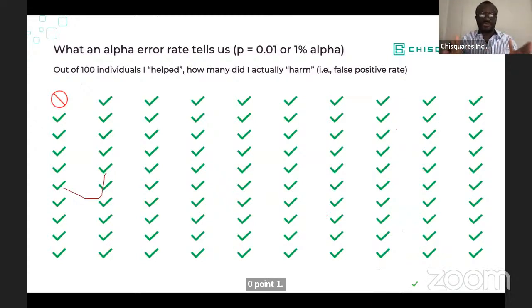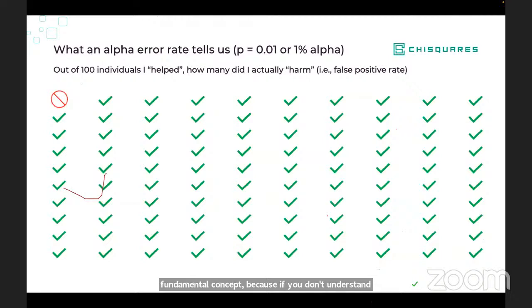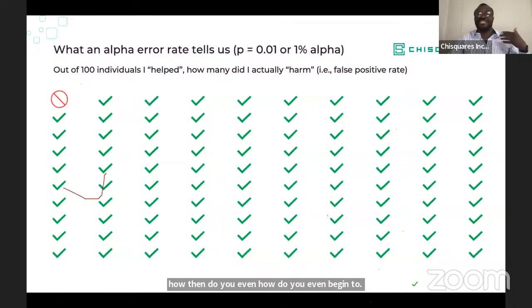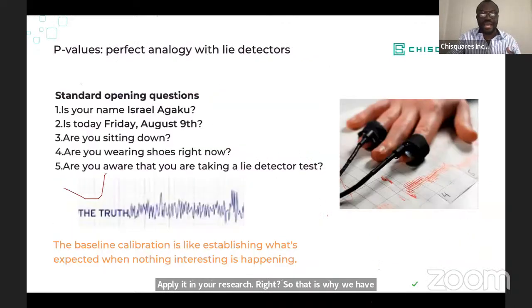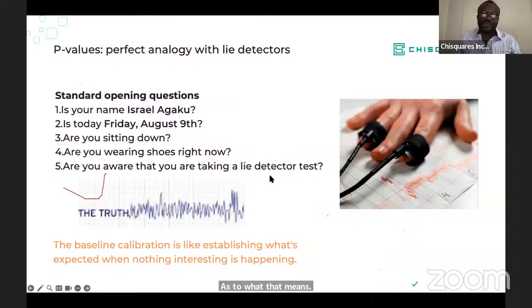You're not forced to use 0.05 as a threshold. And this is why you need to understand these fundamental concepts. Because if you don't understand, how then do you even begin to apply it in your research, right? So that is why we have to go over this concept so we're all on the same page as to what that means.